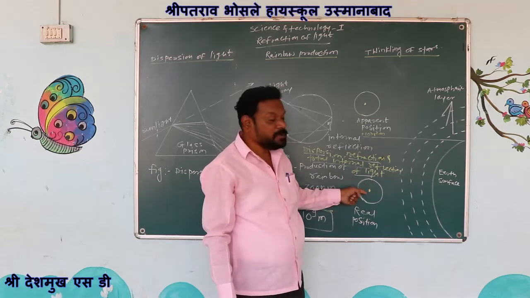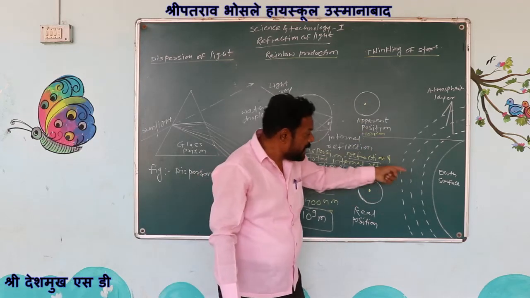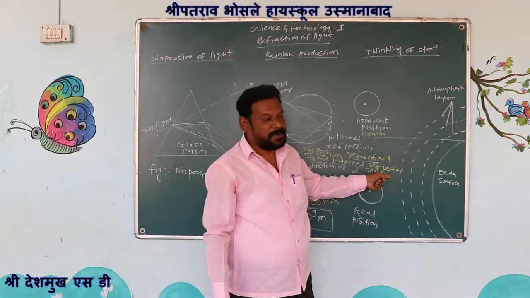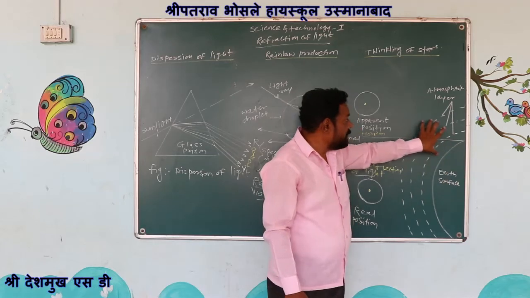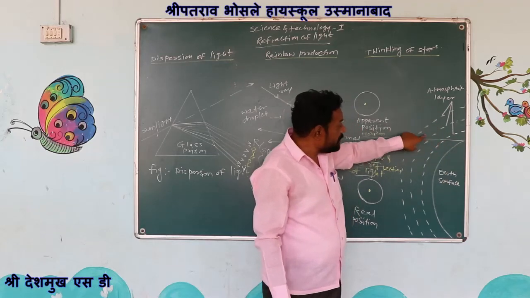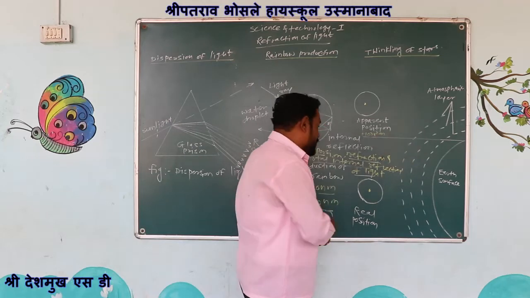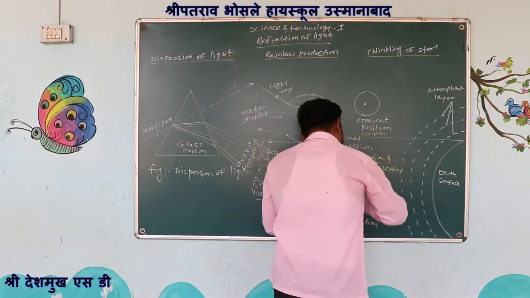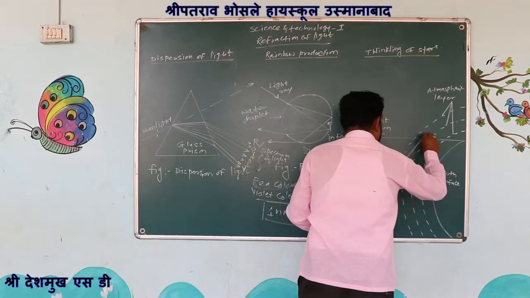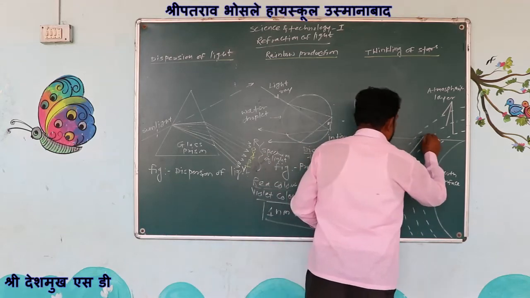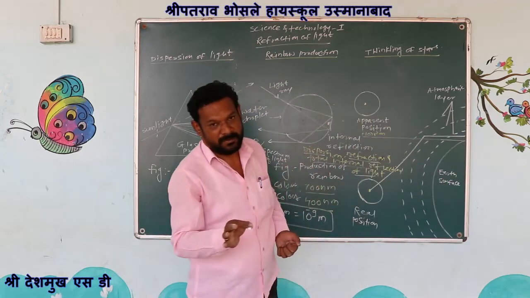This is the real position of the star, and this is the apparent position of the star. There are the layers of atmosphere. This is the earth surface, and around it there are some layers, the atmosphere layers. If the rays of light travel from rarer to denser medium, at that time they bend towards the normal.